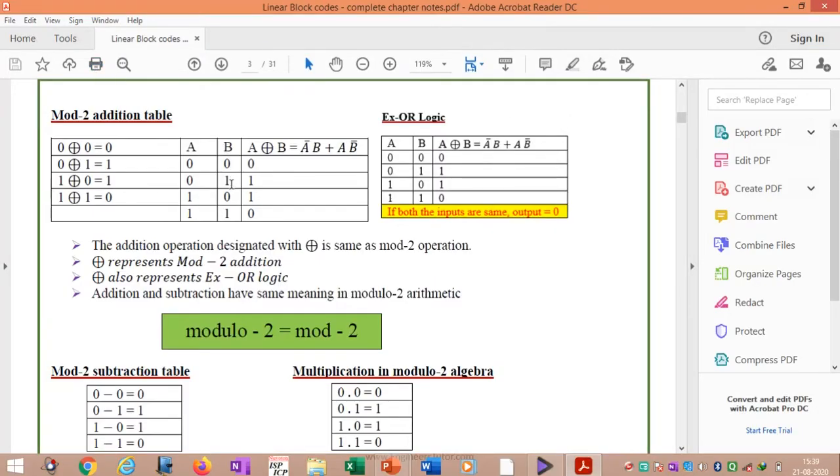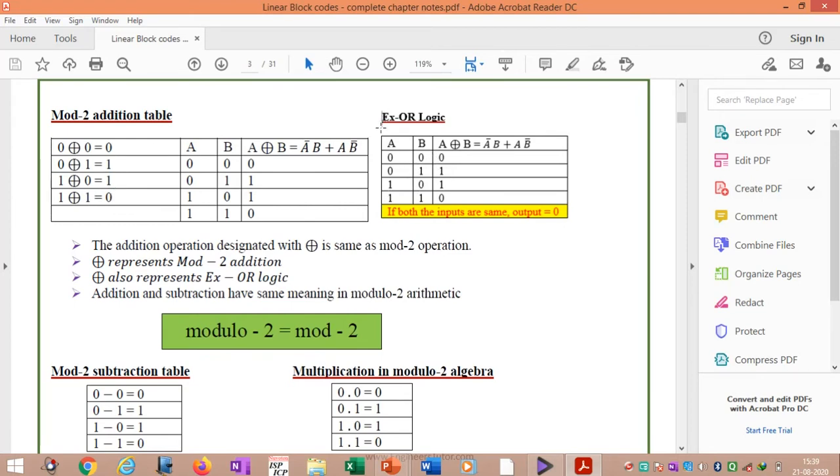The rules for modulo 2 addition are like this. Modulo 2 addition is nothing but the exclusive OR logic operation. 0 plus 0 is 0, 0 plus 1 is 1, 1 plus 0 becomes 1, and 1 plus 1 becomes 0.